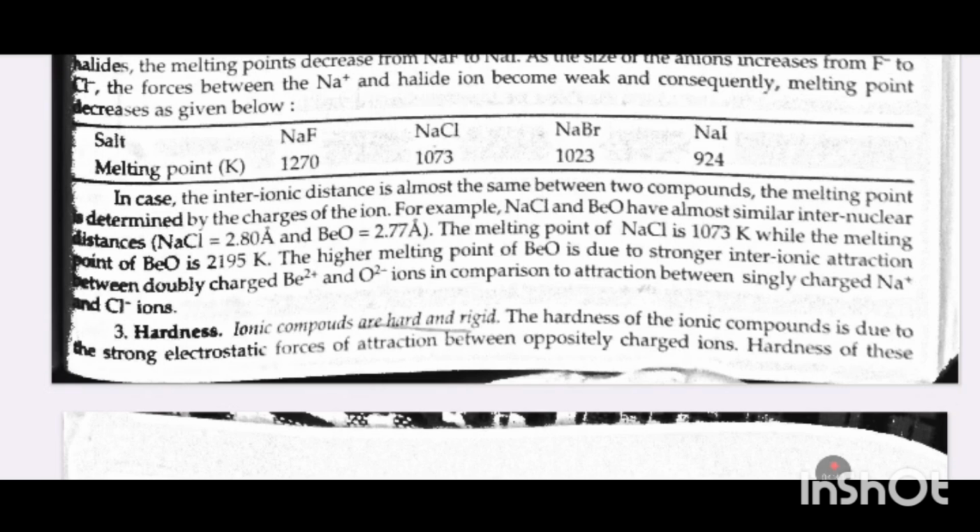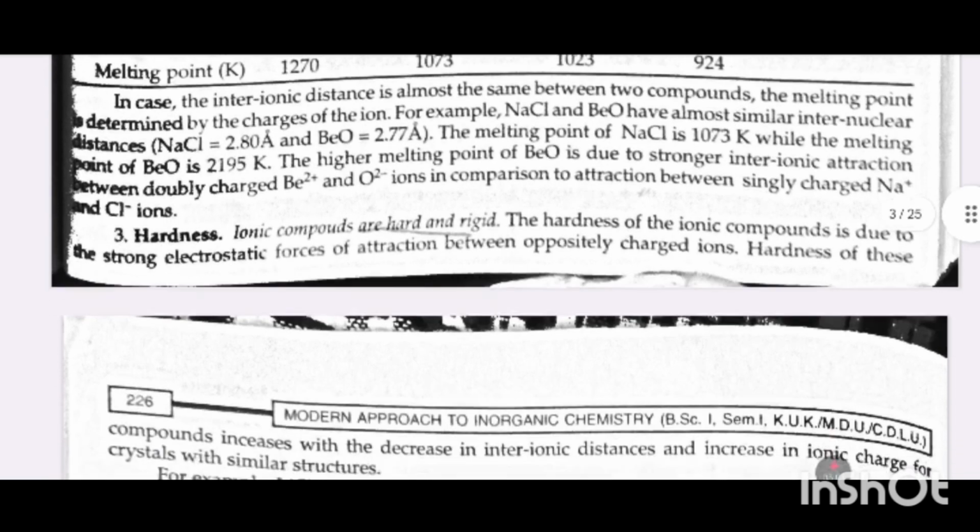Higher melting point of BeO is due to strong interionic attraction between doubly charged Be2+ and O2- ions in comparison to attraction between singly charged Na+ and Cl- ions.